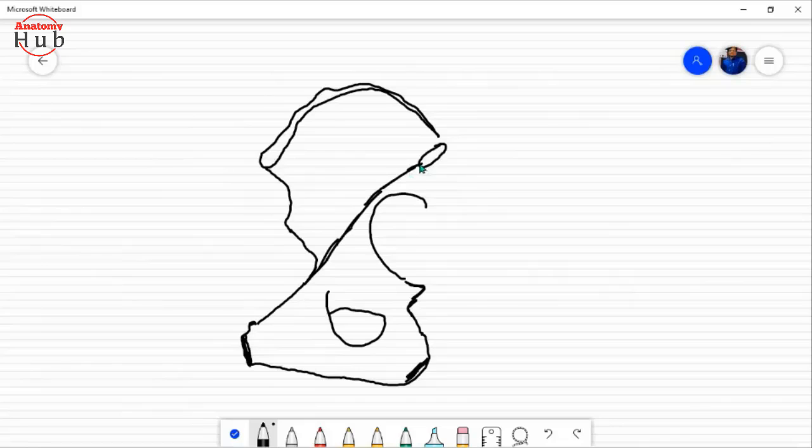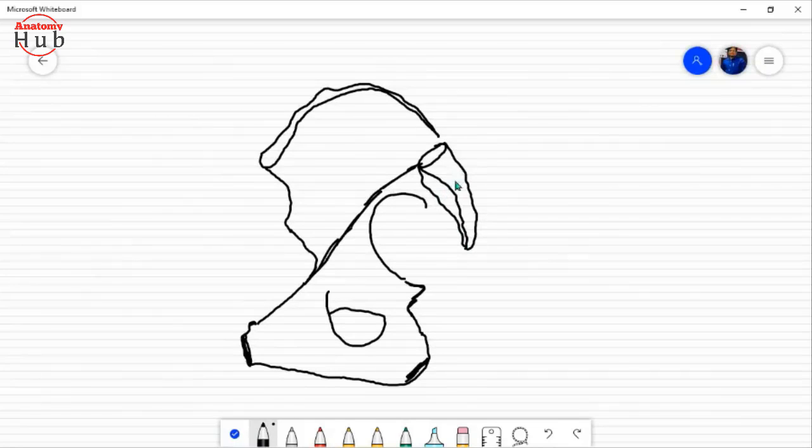Okay, and here you'll find the ventral surface of the sacrum that is just coming downward, and here you'll find the whole of the ventral surface, but we are seeing from the lateral side, right? So this is the ventral surface of the sacrum.